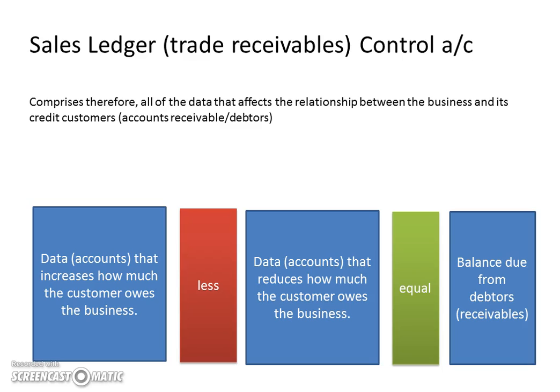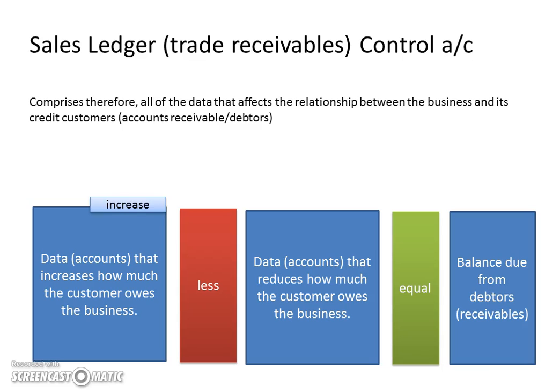And that will give you the amount the debtors owe you. So it is what information increases their balances, minus the information that decreases their balance, in order to get their actual balance.